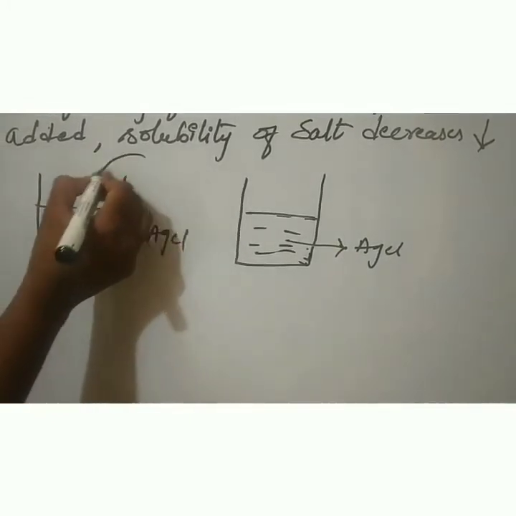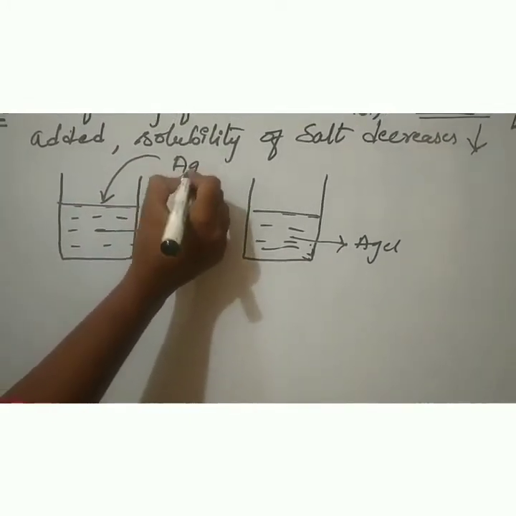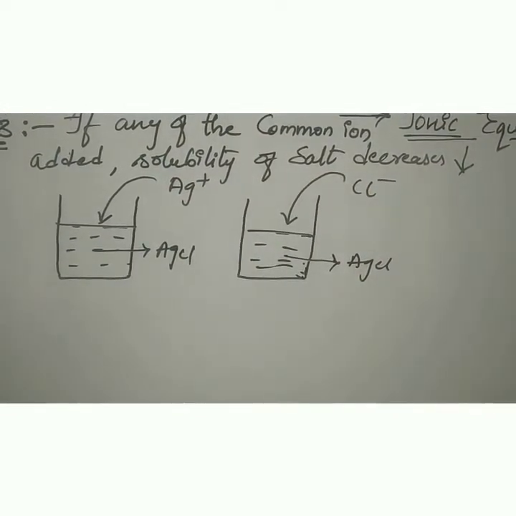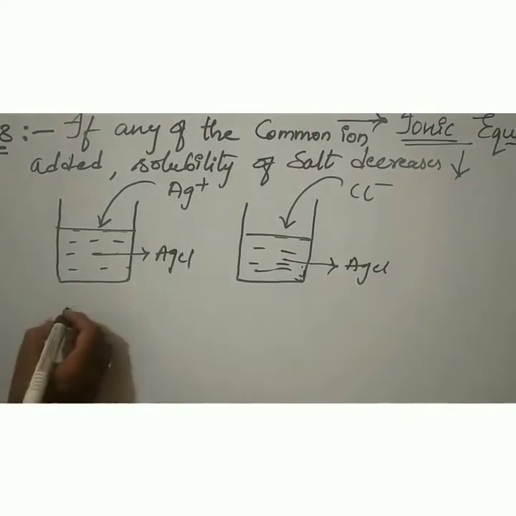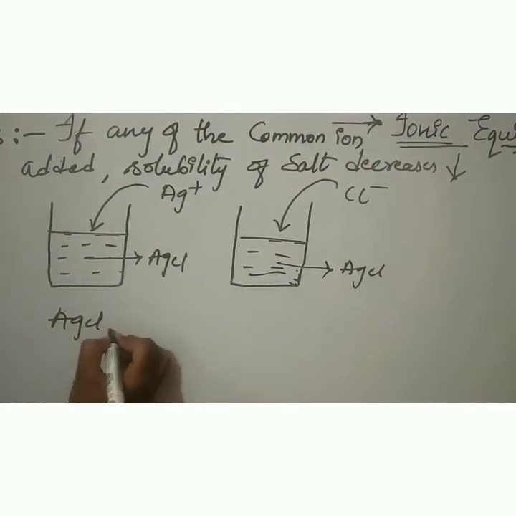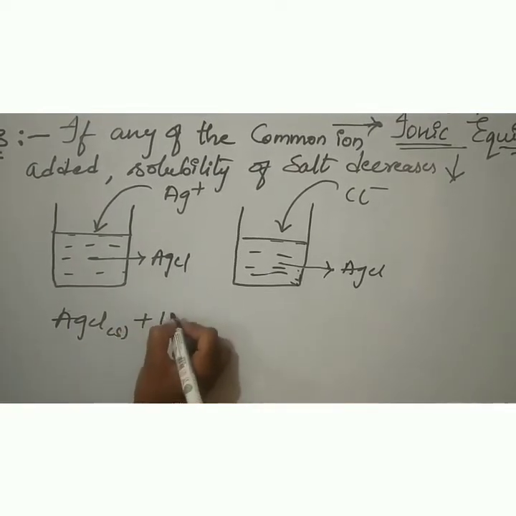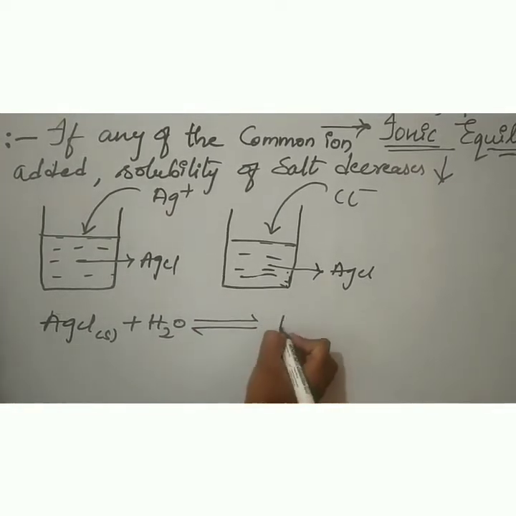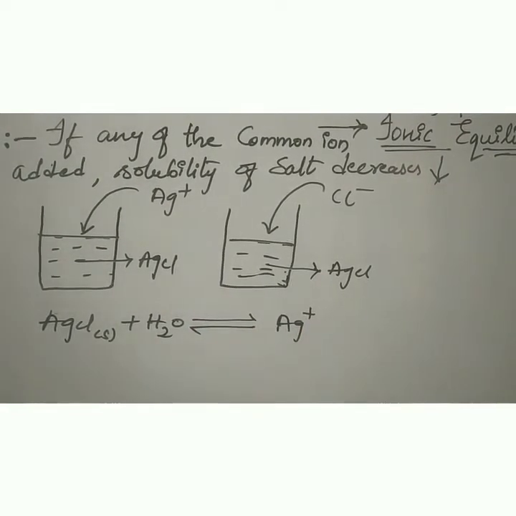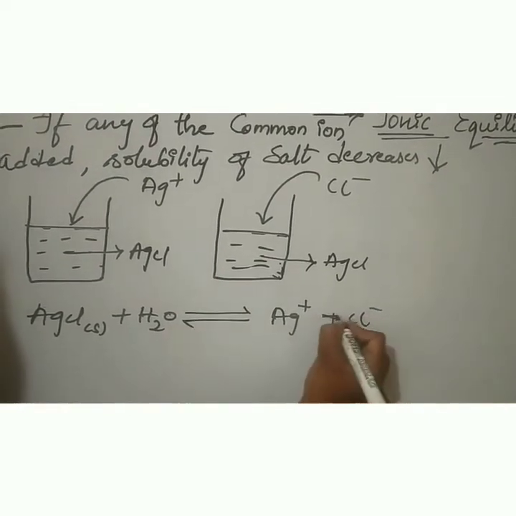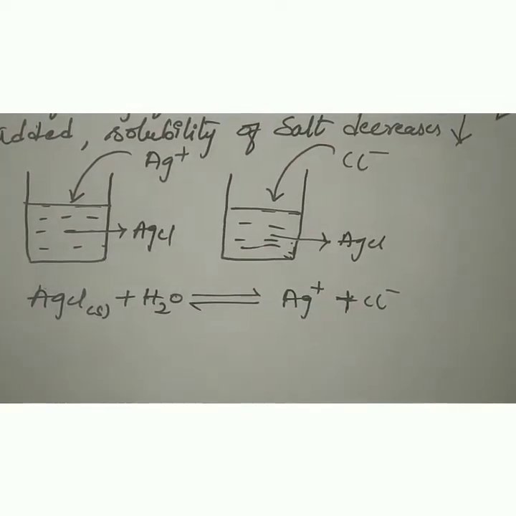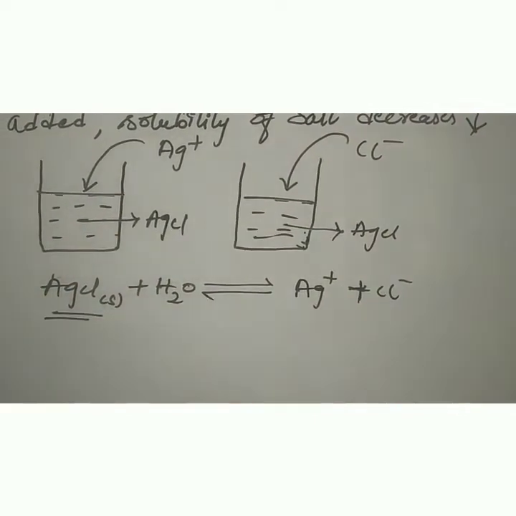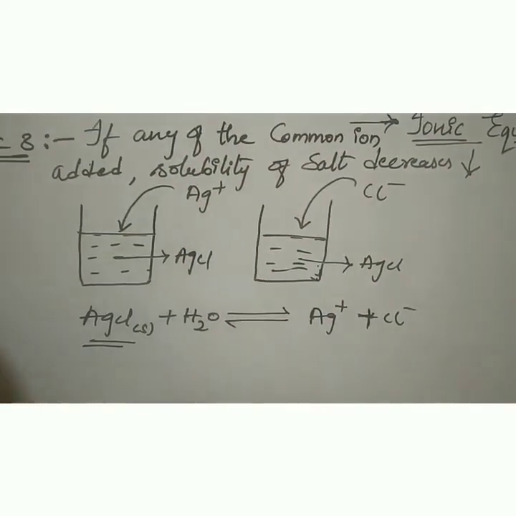If you add the common ion here, Ag plus, or Cl minus, then it forms a precipitate, because AgCl solid plus water gives Ag plus and Cl minus, right? What is given? If any common ion is added, the solubility of a salt decreases.